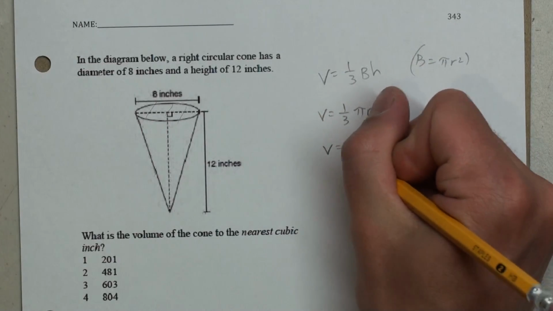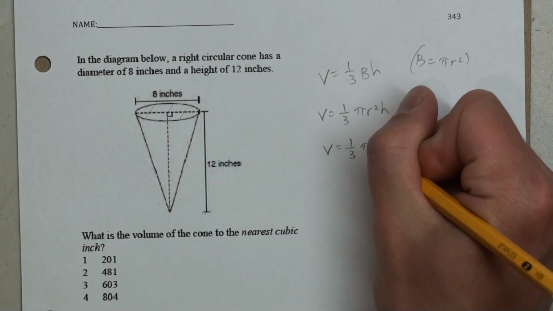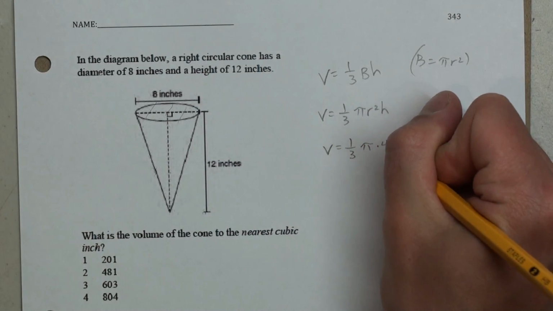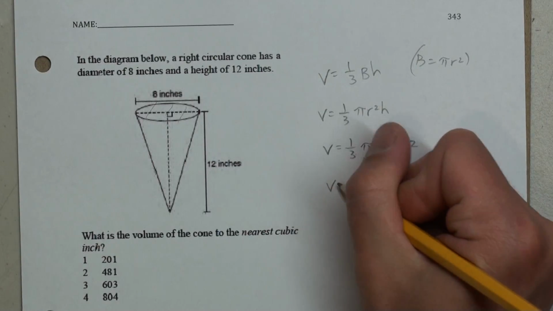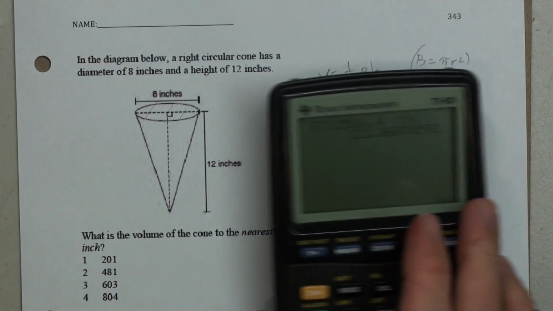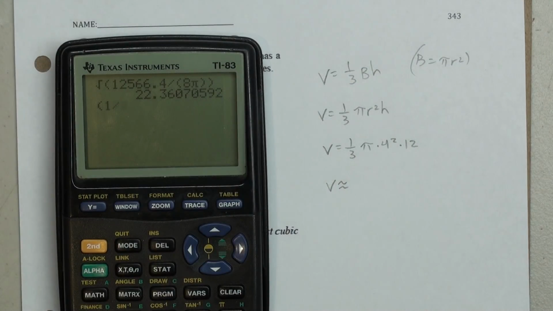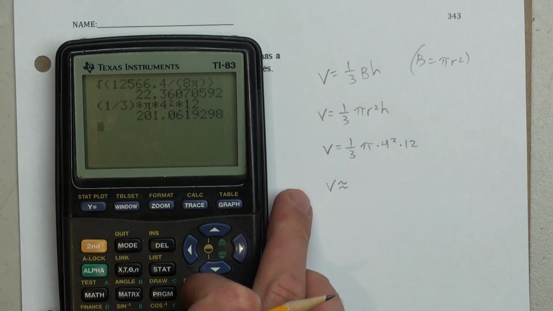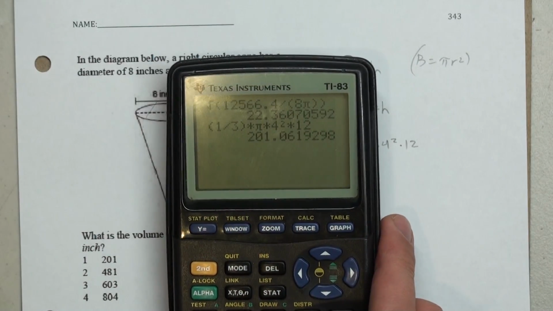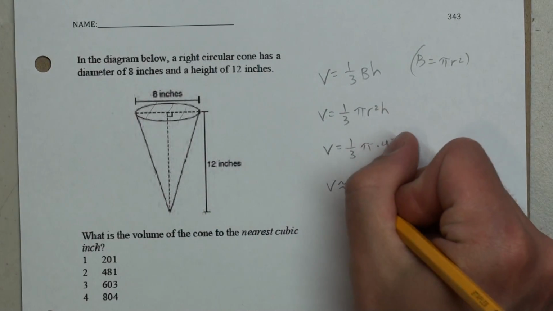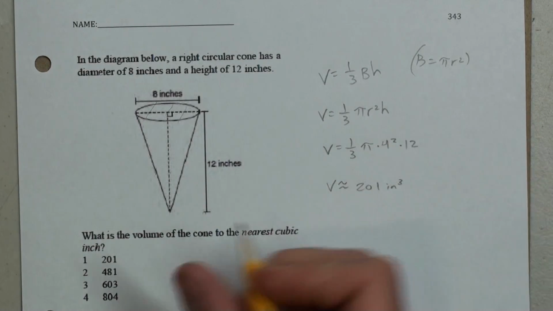The volume is 1/3 pi times 4 squared times 12. So the volume is approximately 1/3 times pi times 4 squared times 12. 201 point, it wants the nearest cubic inch, so 201 inches cubed.